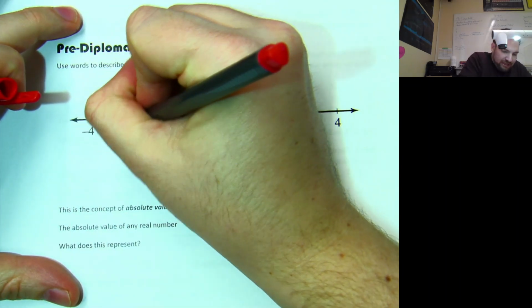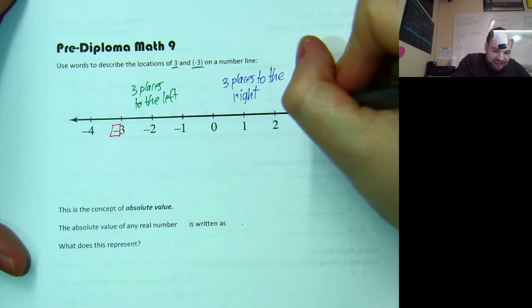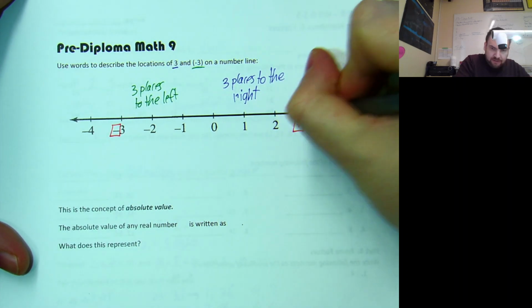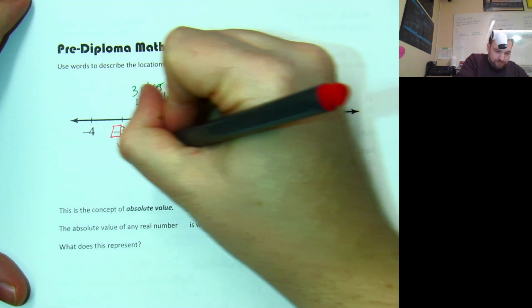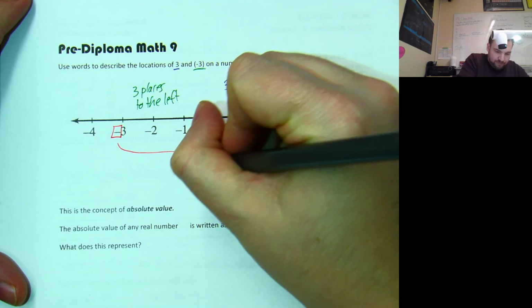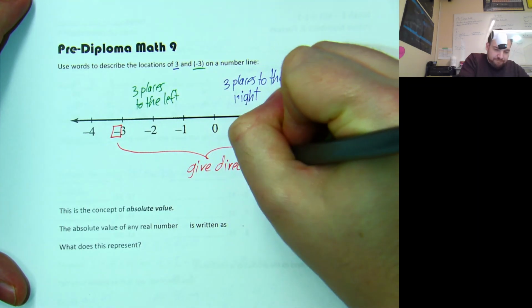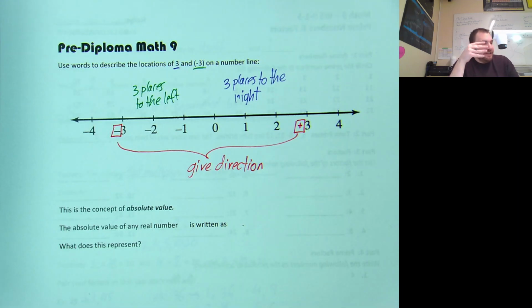So this piece right here, and I'm going to explicitly put it on this side, these things give direction. Whether our value is positive or negative tells us which way to go.